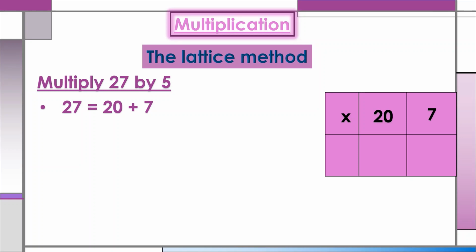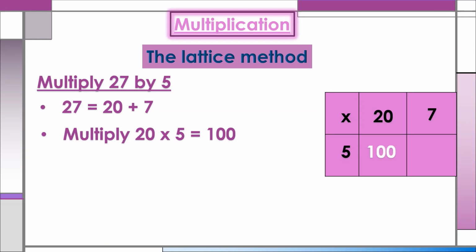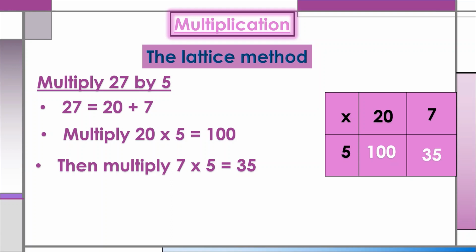Now 20 multiplied by 5. Multiply 20 by 5 and we get 100. We write in this box 100. Now the next step is 7 multiplied by 5. We get 35. We write 35 in this box. Now we have to add 100 plus 35.